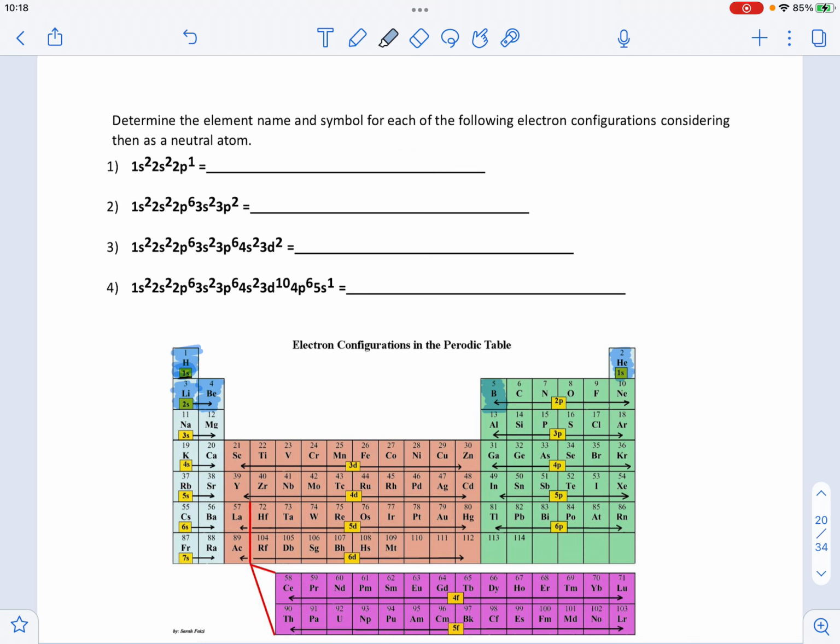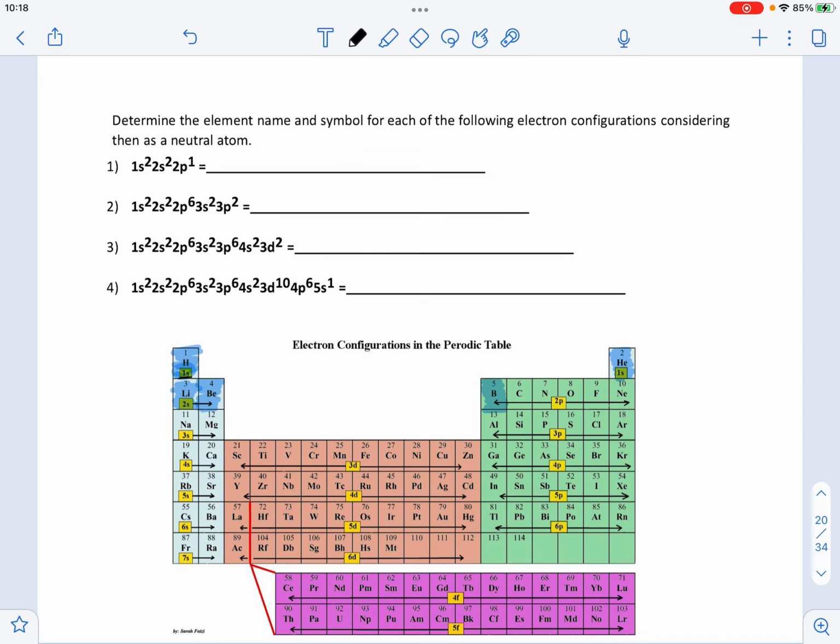And later we're going to explore how the electron configurations can also tell us about the electrons that are in the outermost shell, which are very important to explain the behaviors and the properties of elements when they're making compounds. So let's explore now how, if I'm given an electron configuration, I can figure out which element I'm talking about.